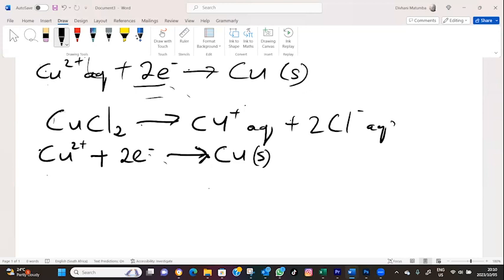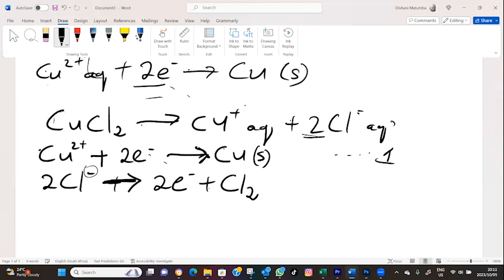I'm going to explain to you guys. This is the first half reaction. For the second half reaction, we're going to have 2 Cl negative releasing 2 electrons, plus Cl2. Chlorides are balanced right there. This is the second half reaction.